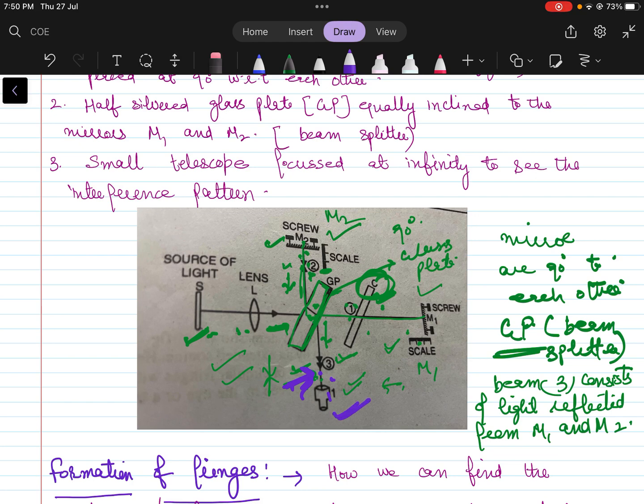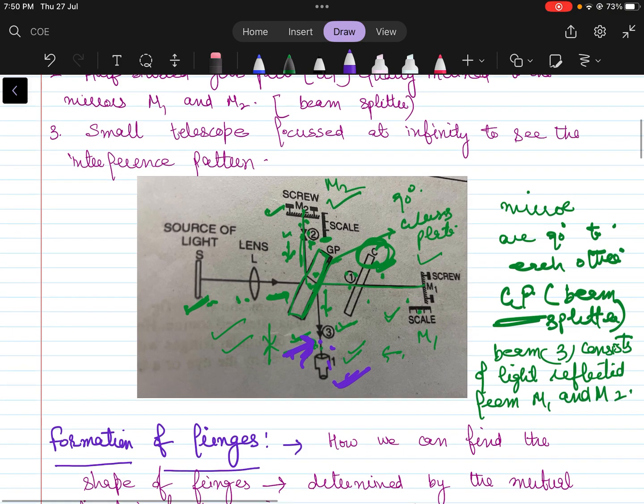We use a small telescope to see the interference pattern. So this is how the Michelson interferometer works.